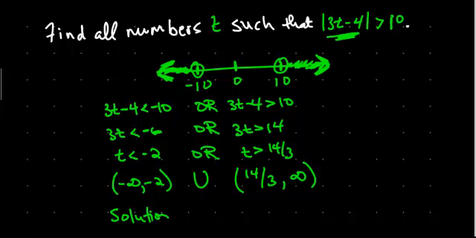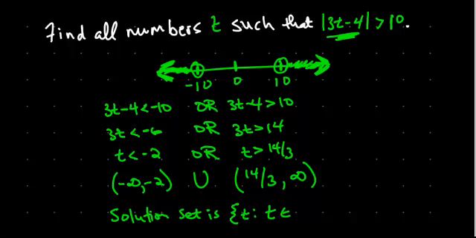Okay, so my solution set is all t such that t is in this set. Let's see how they write it in here. Well, they don't even give one of these.